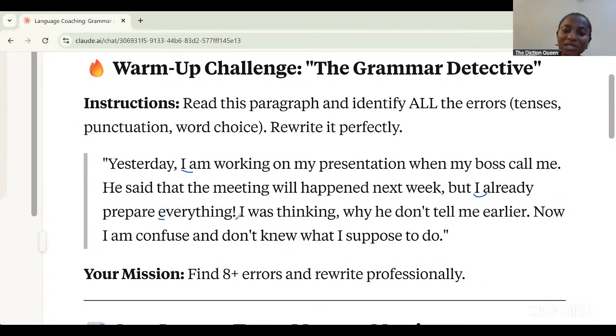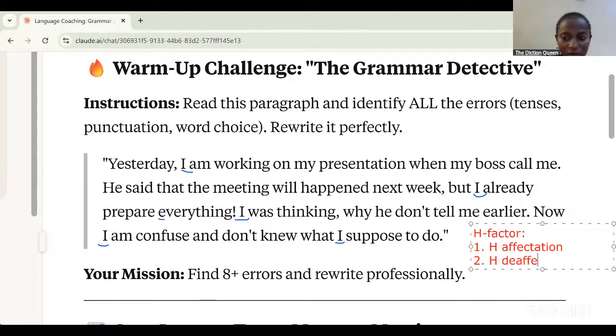There's something called the H factor in English. Yes, H factor. Now, there are 2 types of H factors. We have the H affectation, and then we have the second one, which is H deaffectation. What does it mean?